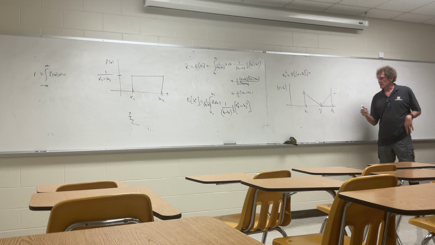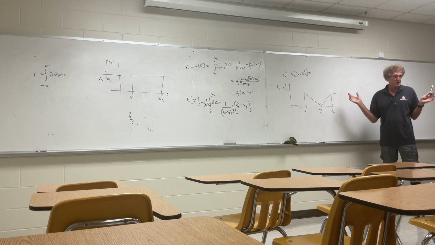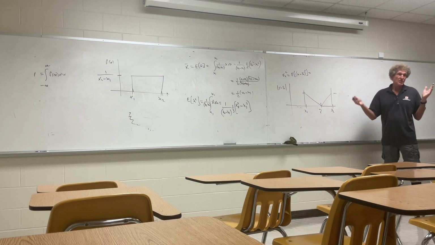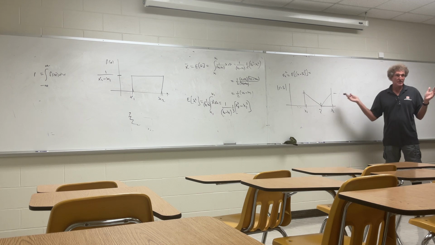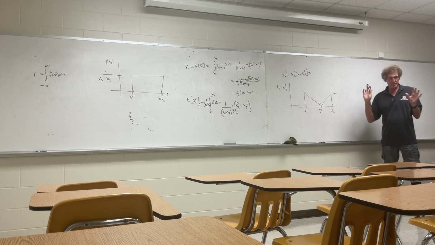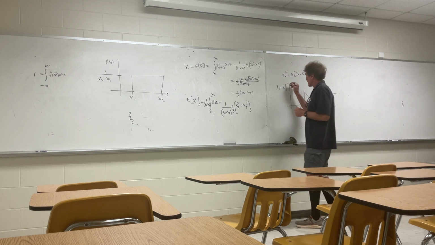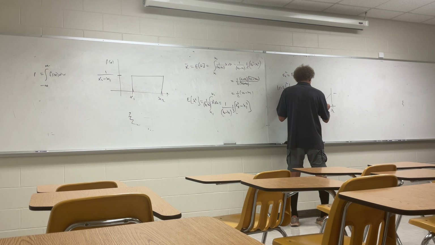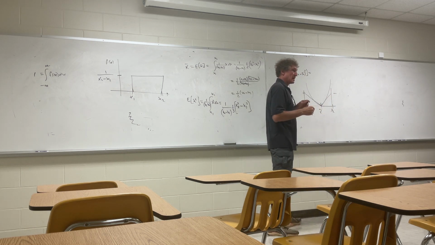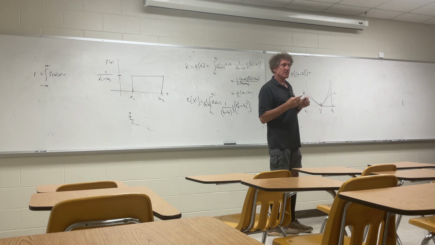Without putting in values, I want you to get an idea. We'd need specific values for x2 and x1 to get the exact value. Now, if it's squared right here, then it would look like this. And the average value of that, I want you to just see this.